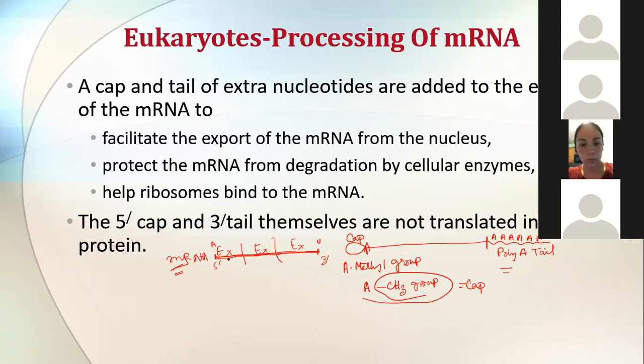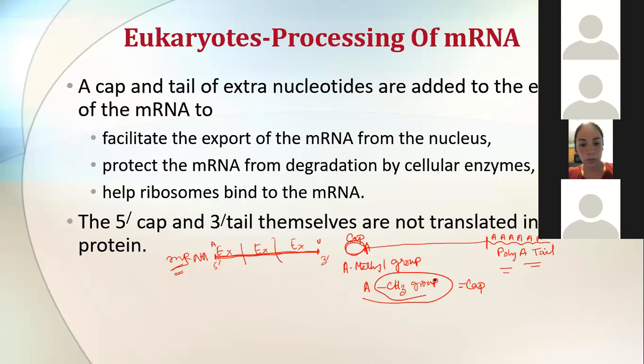So when that messenger RNA is ready to come out of the nucleus, before that, for the eukaryotic chromosome, the cell adds one cap and one tail.